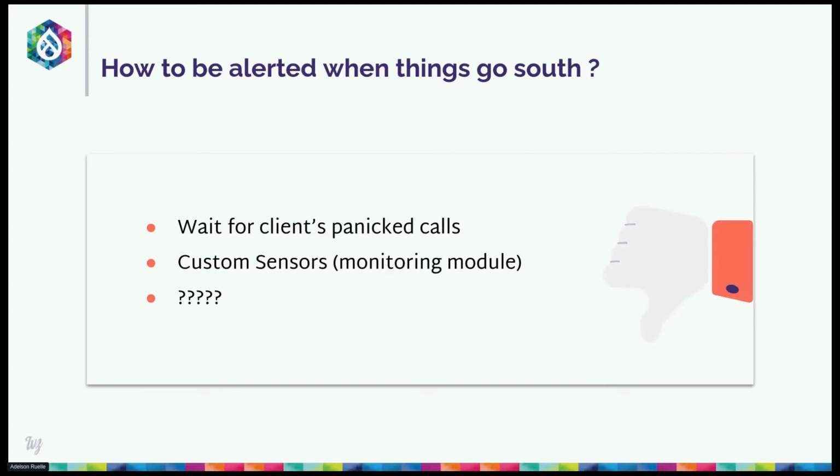So you can check the migration status, you can check the migration messages in there, you can check the state of the databases, how many entities got imported and all that. So yeah, that's what we do for the time being, but we are still looking for new solution suggestions. So if you use something else for alerting, just let us know in the chat.